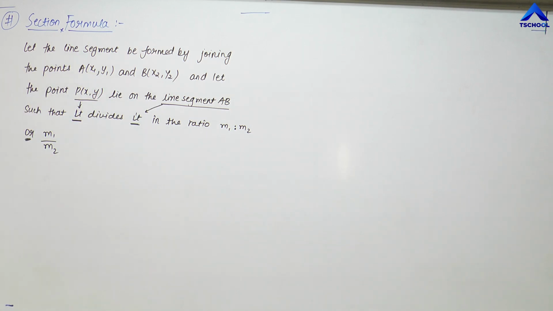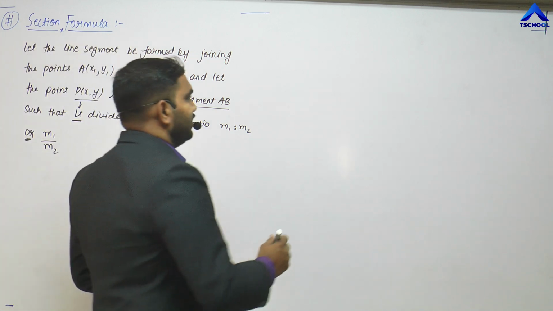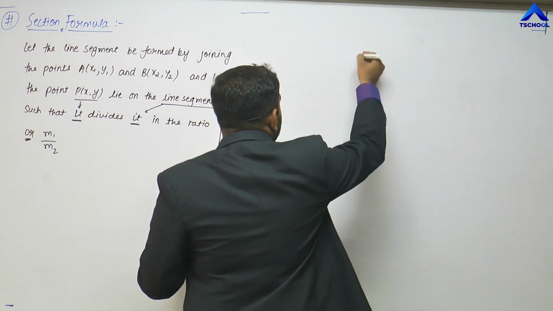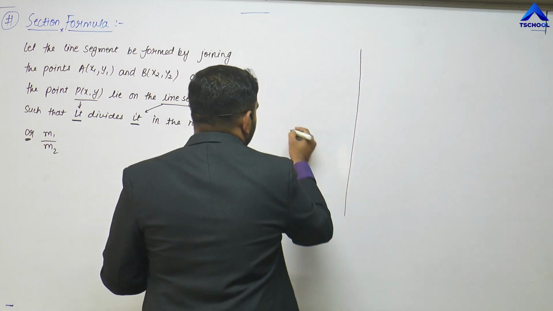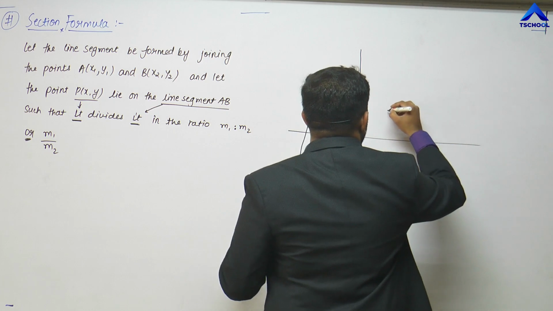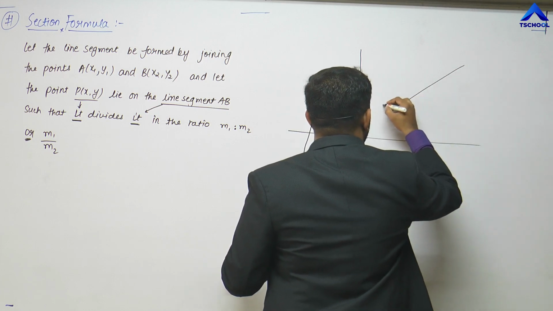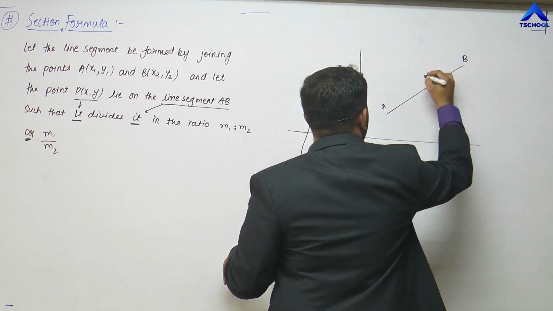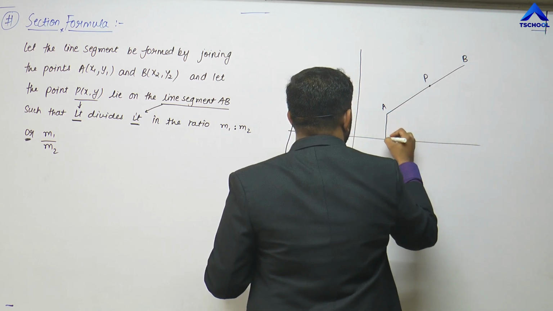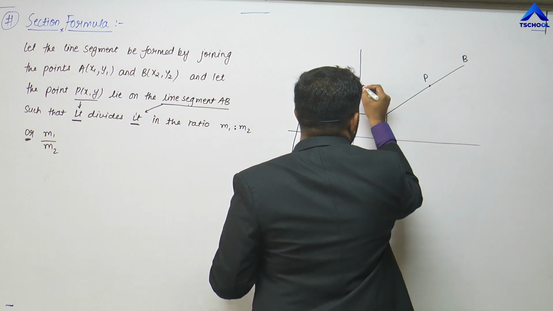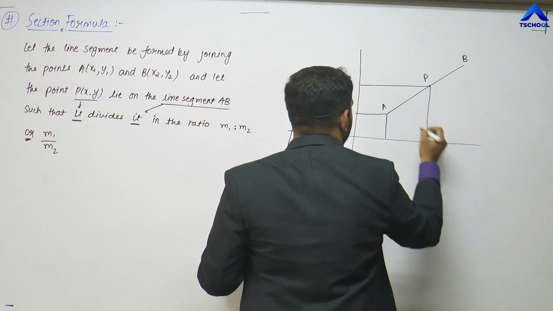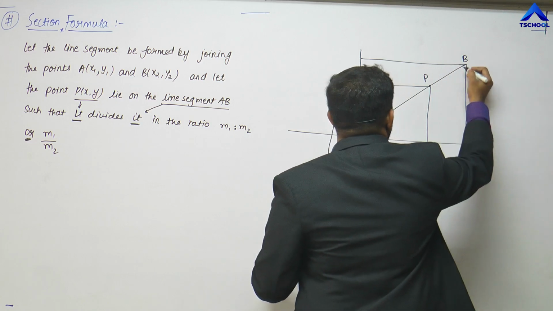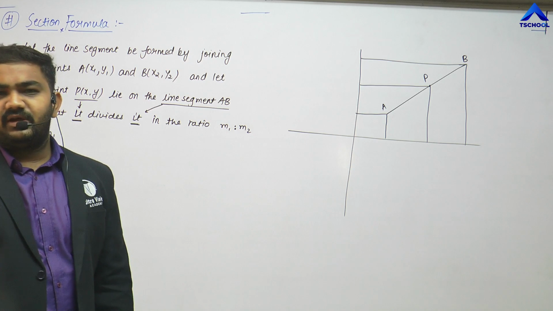So if I write down this whole condition on the Cartesian coordinate plane, then it would be somewhat like this, that this is my line segment AB, where this is A, this is B, this will be P here, and when joined, you can get two types of points that we have already seen previously, right? And then you can find it out.